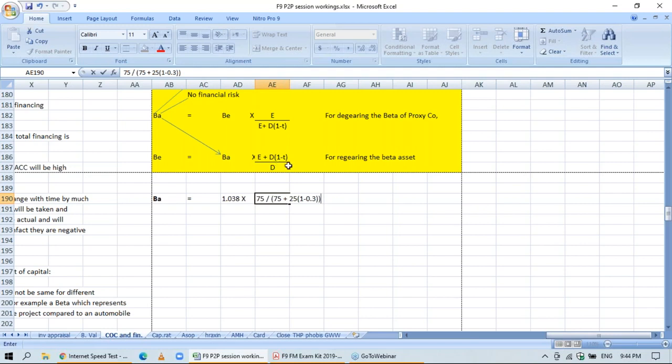Doing this will give me a beta of 0.841622. Now this is the de-geared beta.